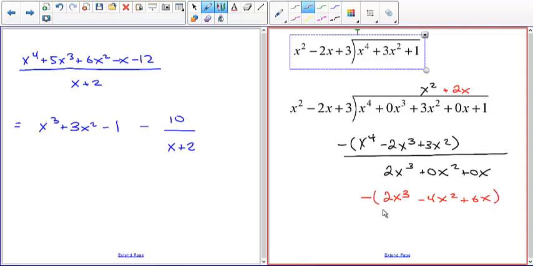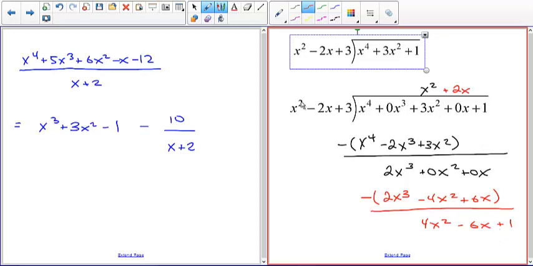You got to subtract that. These cancel out, go to 0. Here I have 0 minus a negative 4. Here I have 0 minus a positive 6. And I get that. Then I bring down the last number.